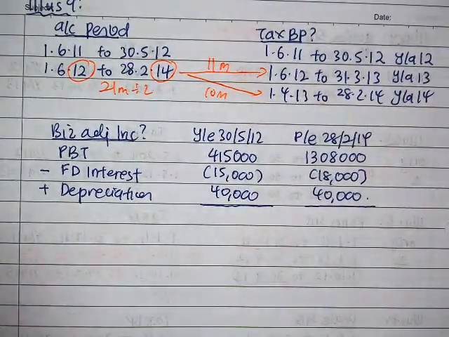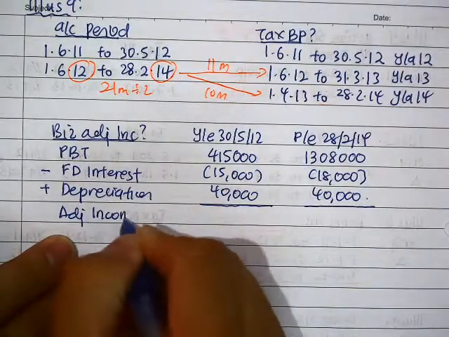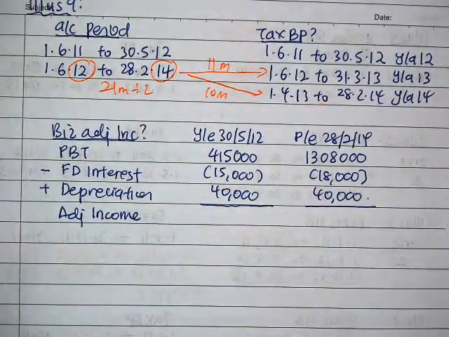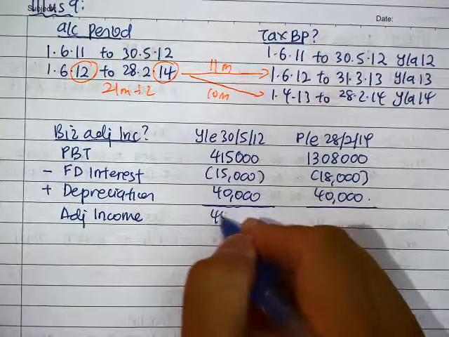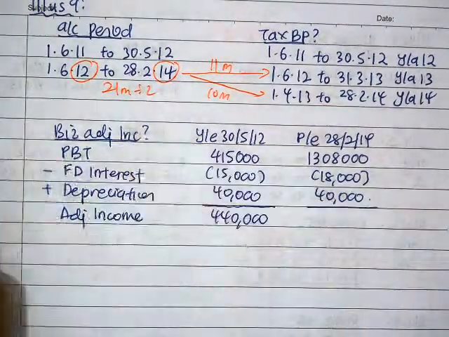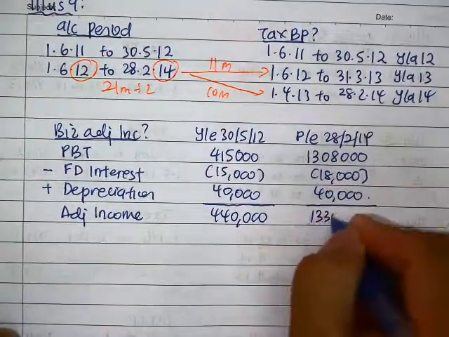Now that's the only adjustment we have here, right? So we're going to get your adjusted income as 440, 1330.